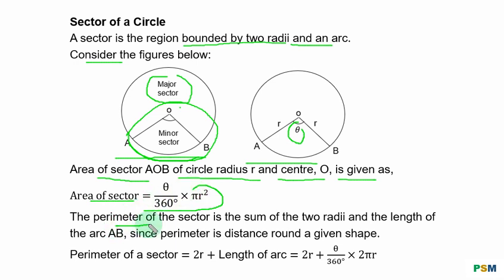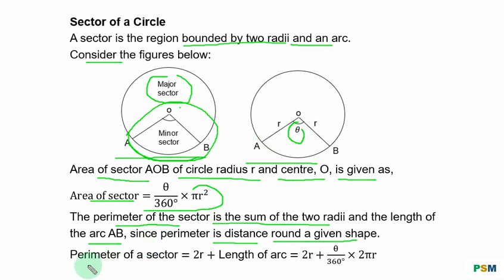The perimeter of the sector is the sum of the two radii and the length of the arc AB. Since perimeter is the distance round a given shape, from A to O to B, that is 2r, then to A, the length of the arc.